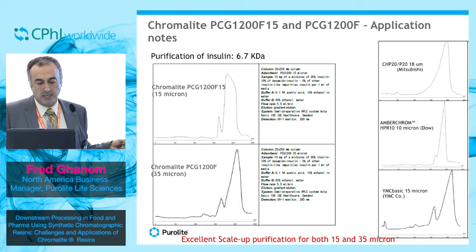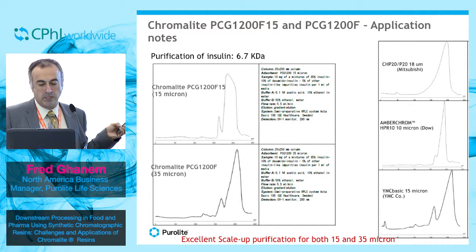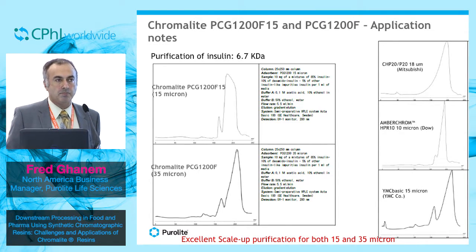So this is the data about the insulin purification. It's 6,700 Dalton molecular weight, and we did it at a 15 micron and a 35 micron to show that you could scale up this insulin purification.